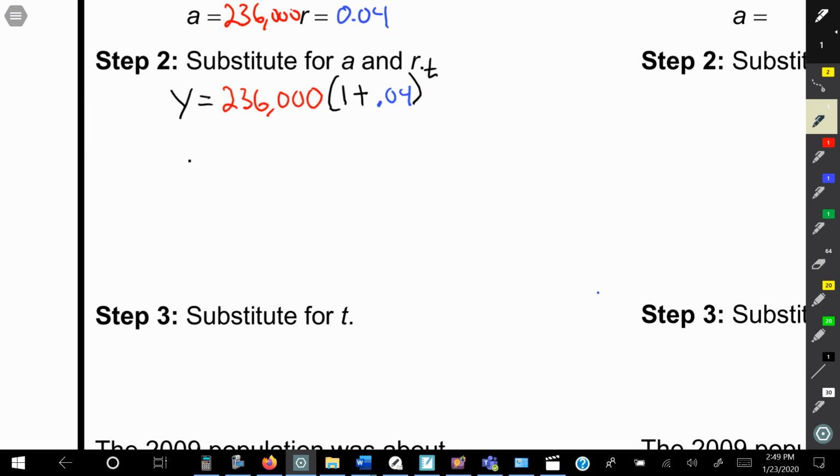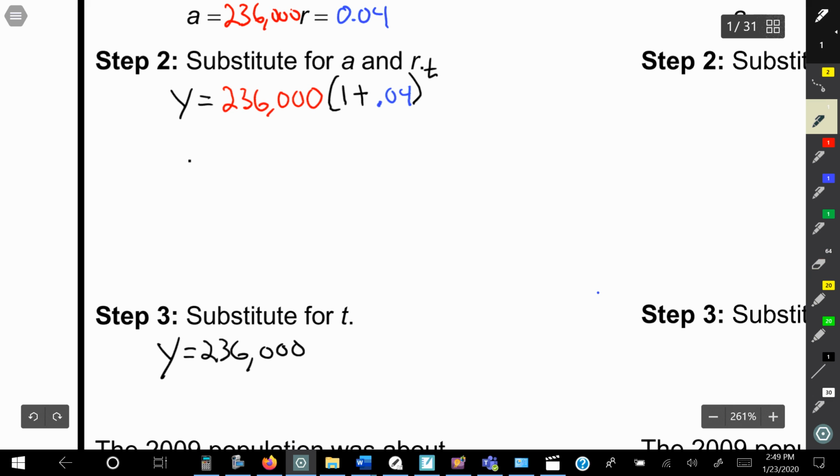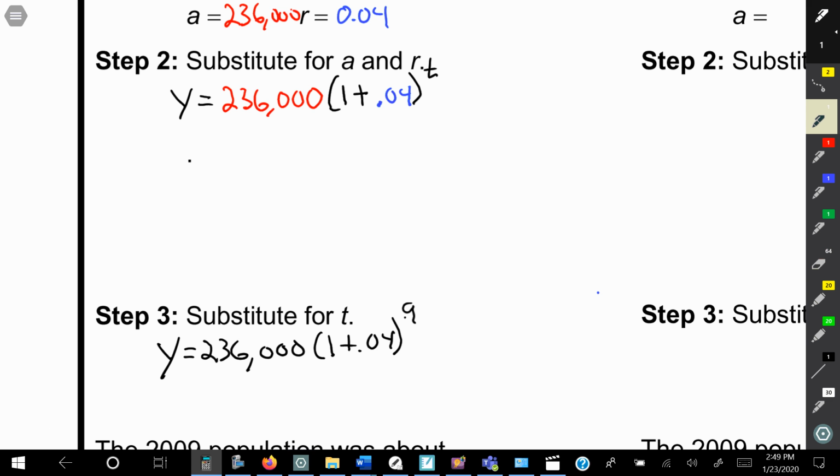And I'm going to substitute: y is equal to 236,000 times 1 plus 0.04 raised to the t. Oh, not t, we'll go ahead and put 9. Now we'll pull out the calculator and type that in and see what we get.